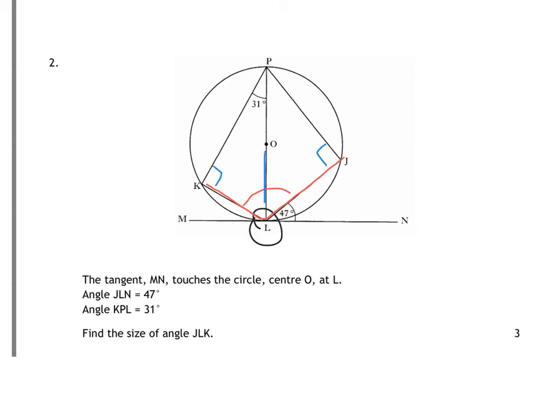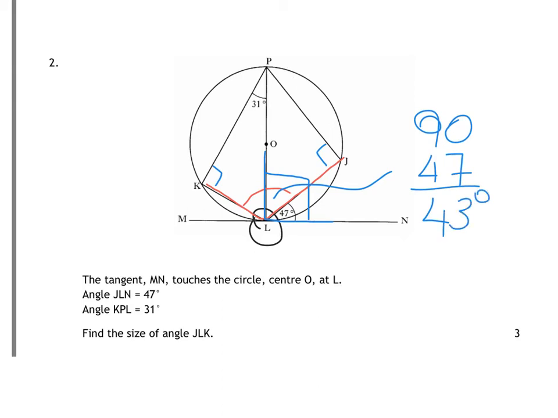I also know that the radius and tangent will meet at a right angle here, so I can find this angle in here because that's going to be 47 off of 90 degrees, and that angle in there will be 43 degrees. So that's me got that part now, 43 degrees.